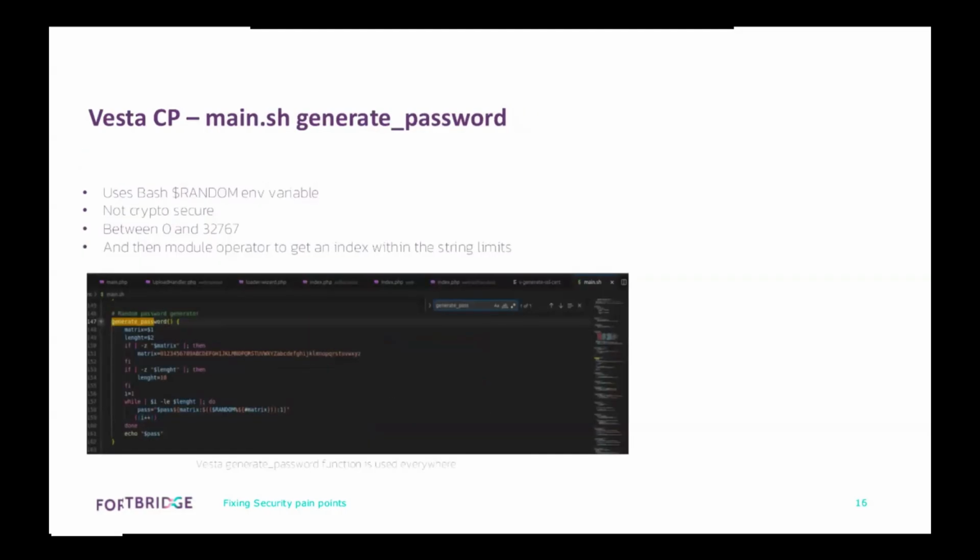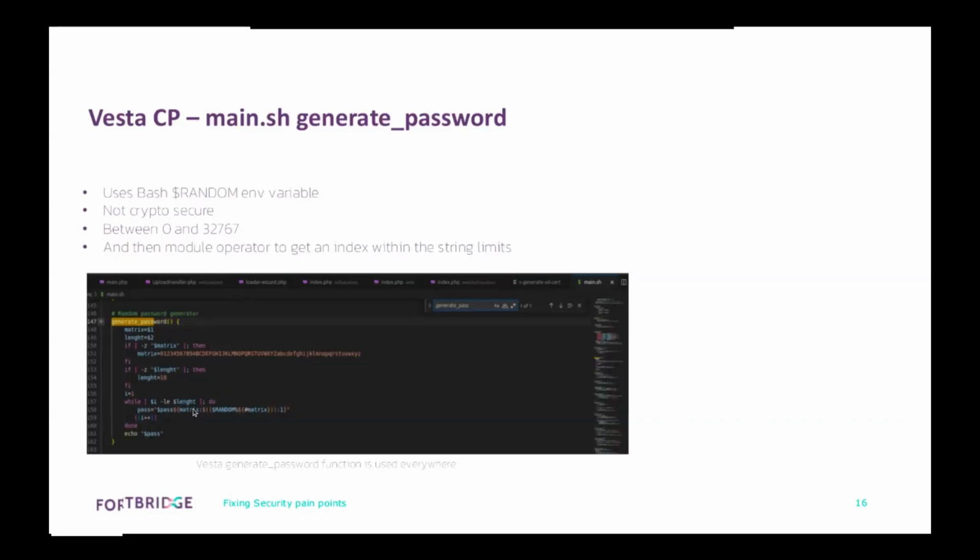So let's analyze this function. What does this bash function called generate password do? First of all, it uses the random variable in PHP, right? And then it has this char set, which is basically alphanumeric characters from A to Z, and it randomly generates a string of length 10 characters by default, I think.